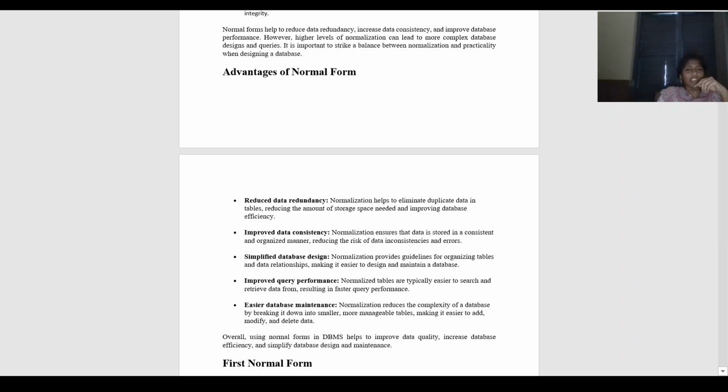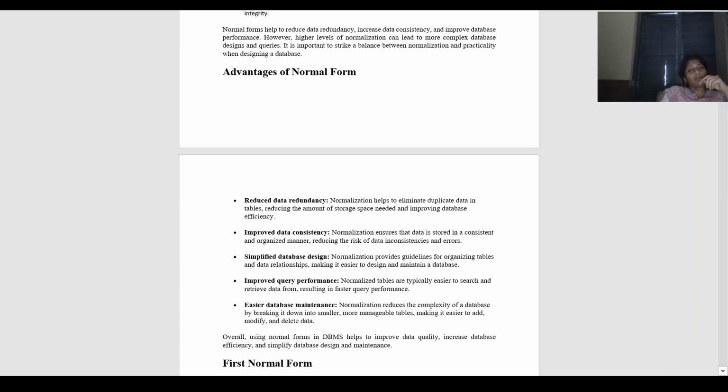What are the advantages of normalization? Why do we have to use normalization? By using normalization, we will reduce the data duplication, and it eliminates the duplication. If we reduce the duplicate data, then the amount of storage space needed decreases and it improves database efficiency and data consistency.